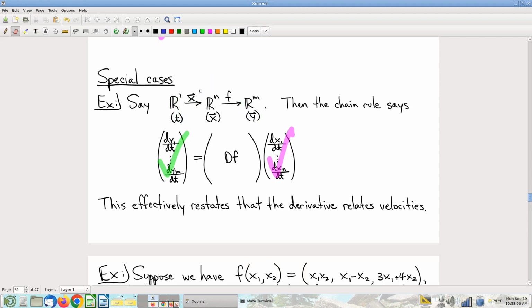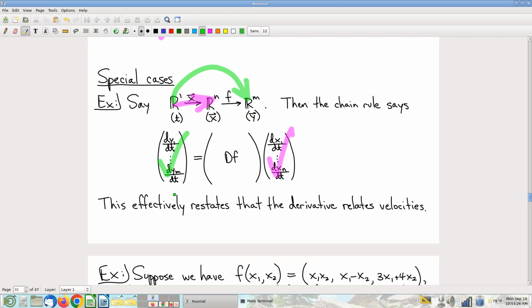In fact, you can think of this first function as literally being a parametric curve in Rn. The derivative matrix is its velocity. And you can think of the composition: you've got position y as a function of time, a parametric curve in Rm, and this is its velocity.